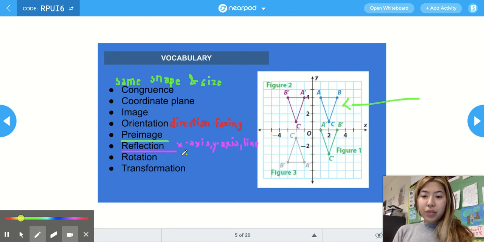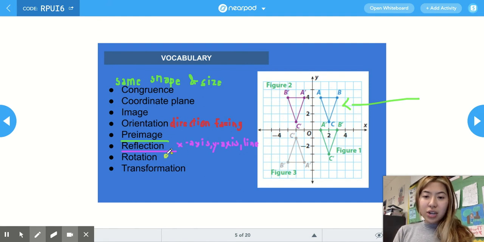So the first rotation is 90 degrees, and it can either be rotated clockwise or counterclockwise. We'll get into that a little bit later. 180 degrees, 270 degrees, or 360 degrees. And 360 degrees just means that it's back in its original position.